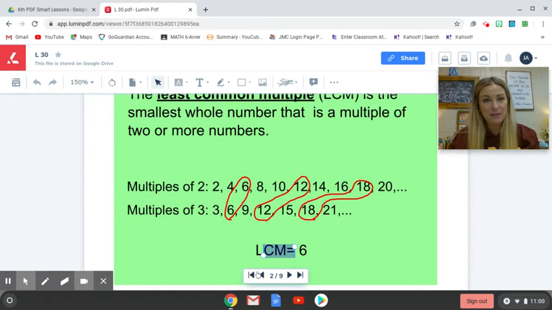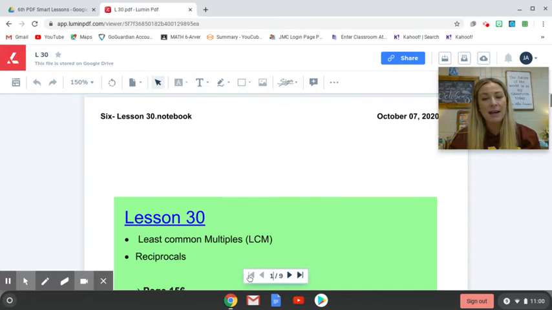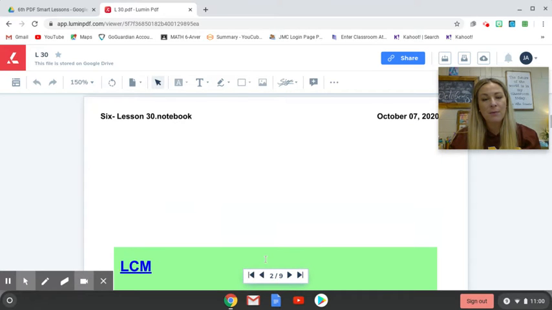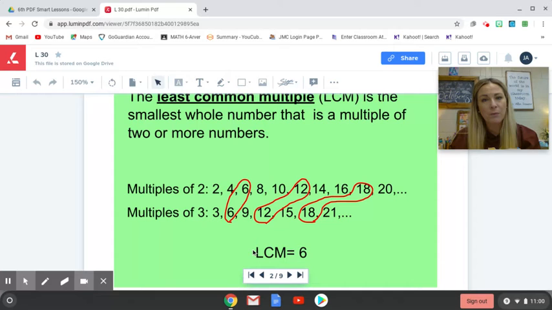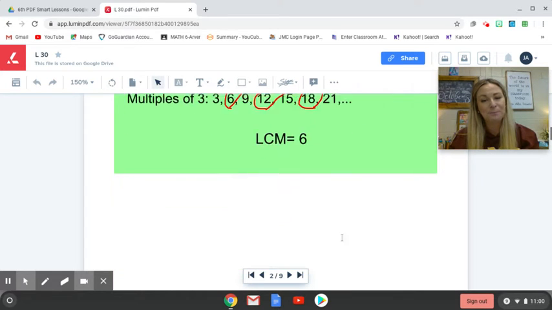CM would stand for the common multiples. Today, sorry about that, today we're talking specifically about least common multiples. So the L is really important. So that's just looking at all of the ones that are in common. What is the least of them? What is the smallest common multiple they have? That's 6, and then identifying what that is.